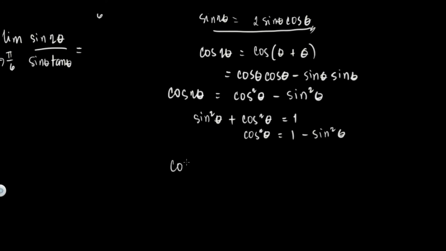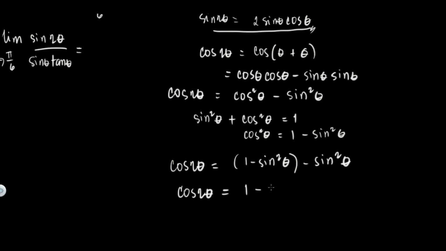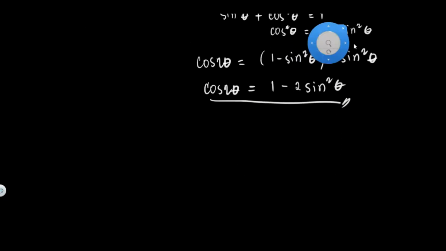So, cosine 2 theta is equal to 1 minus sine square theta minus sine square theta, so that is 1 minus 2 sine square theta. Remember this. Okay?